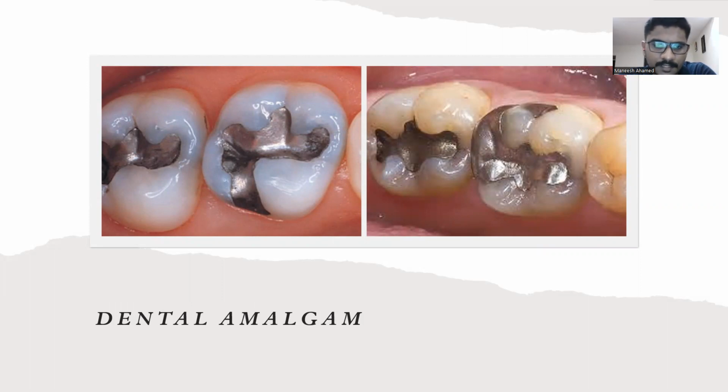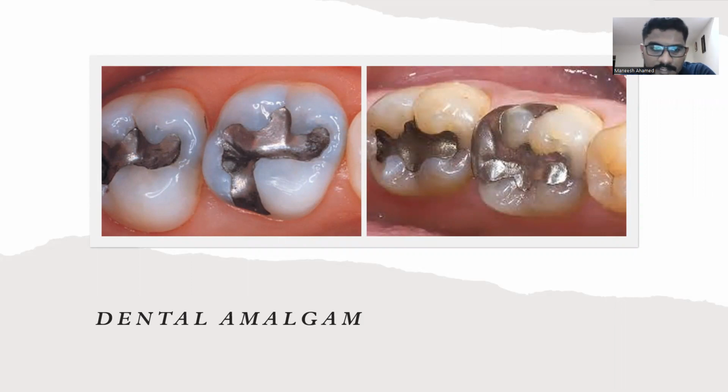But the problem is that the material, as you can see, is not aesthetic. It does not have the color of a tooth. It's silver in color. Sometimes it can undergo tarnish, that is surface discoloration, and it can even appear black. Also, since it is a metallic restoration, it can undergo corrosion, and these corrosion products can discolor the tooth.